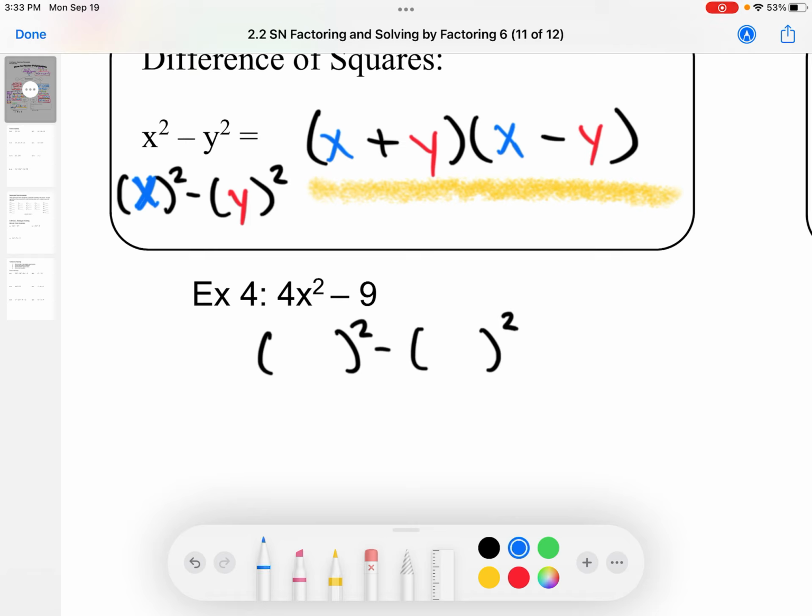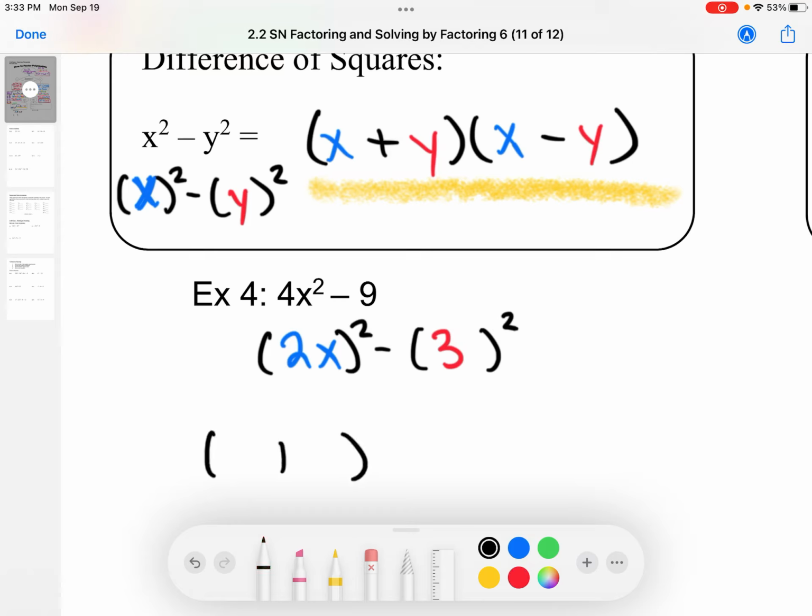So we need to figure out the square root of each of those terms, or figure out what squared gives us each term. So 4x squared, take its square root, that's 2x. We square 2 to get 4, square x to get x squared. Then on the 9, we square 3 to get the 9, or the square root of 9 is 3.